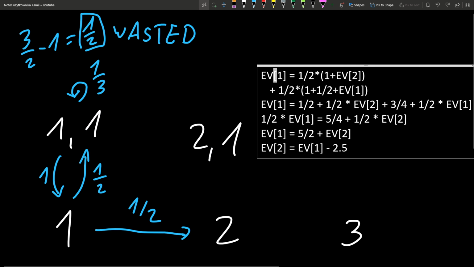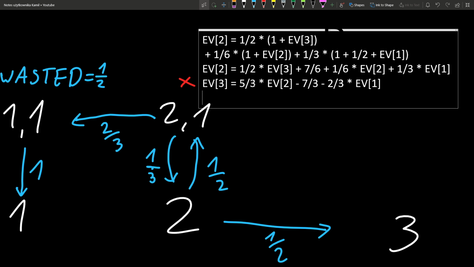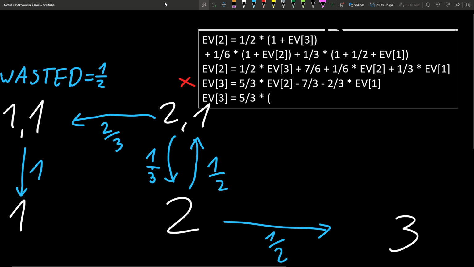EV2 is x minus 2.5. X minus 2.5. Minus 2.5.